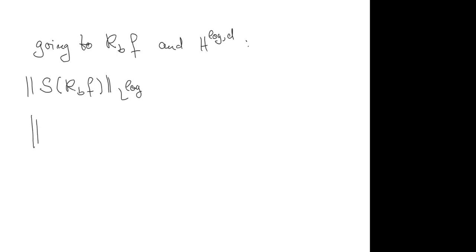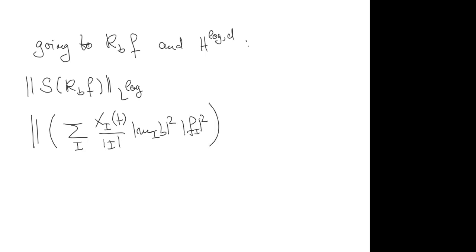So let's write down this dyadic square function. The H terms of the RBF, remember the RB was just an H multiplier. The H coefficients Fi are being multiplied with MIBs. So I have an MIB here, squared, Fi squared, and the whole thing is square. So of this, I want to take an L log norm.